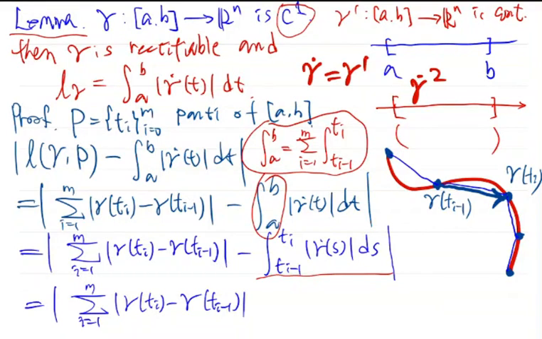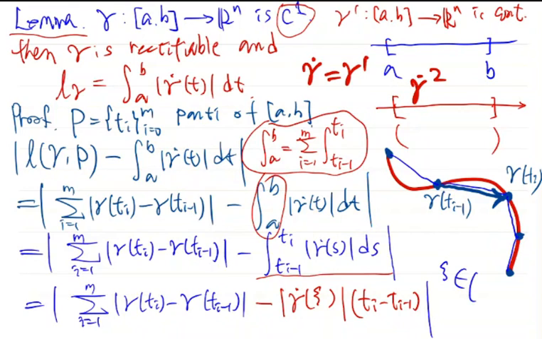Therefore, by the mean value property of the integral, we have a c in the interval [t_{i-1}, t_i] such that this integral equals the integrand at c, multiplied by the length of the interval, where c is a point of the interval [t_{i-1}, t_i].